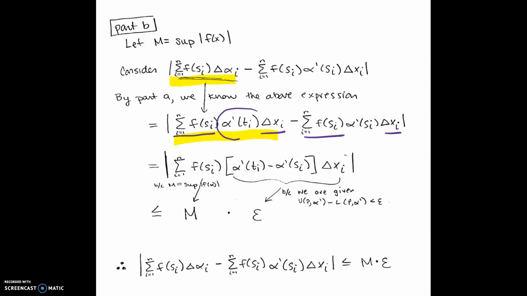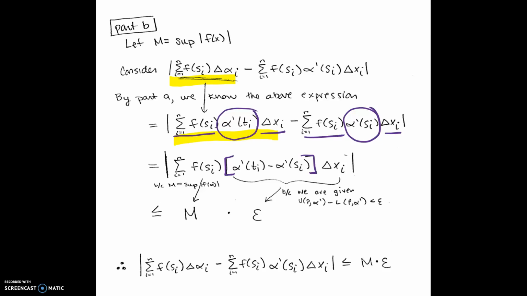Then this one has alpha prime of ti minus this one has alpha prime of si. So that's where this piece right here came from. And then they both have delta xi, so that's where this last piece came from. Okay, so we turned that expression into a slightly smaller, nicer looking one.